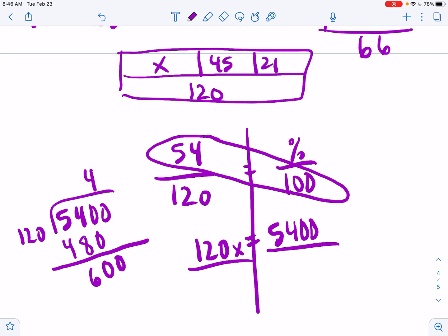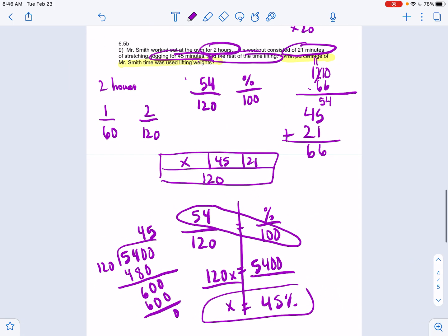Okay, 120 will go into 600. 6 would be too many. I'm thinking 5 is going to be perfect. And your answer is 45%.